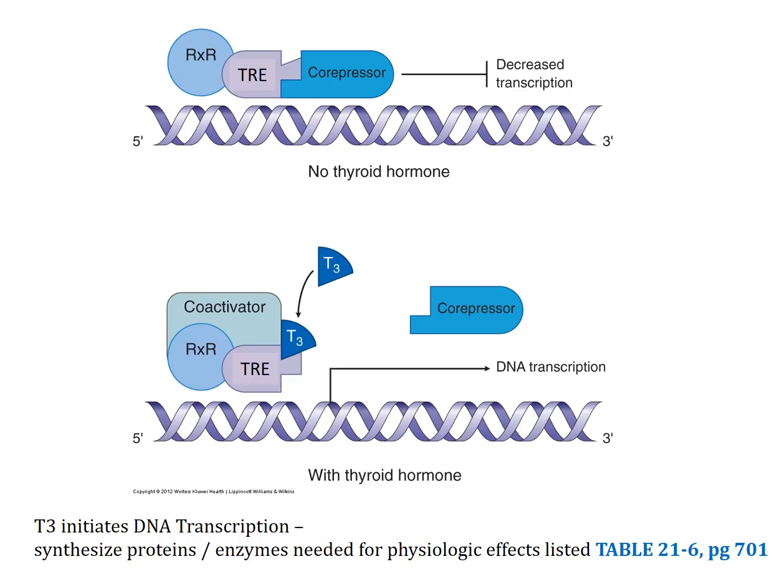I'm happy with you understanding that. In order for T3 to have its physiologic effect, it has to activate critical genes on DNA. I'm not too worried about you knowing the function of this TRE protein, but just understand that it's kind of like the intermediary. It's what gets T3 to the DNA, if you will.